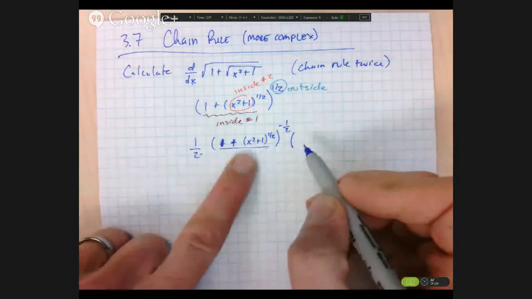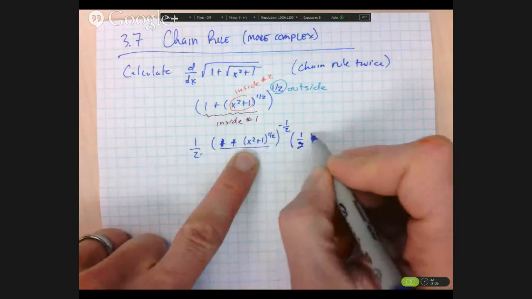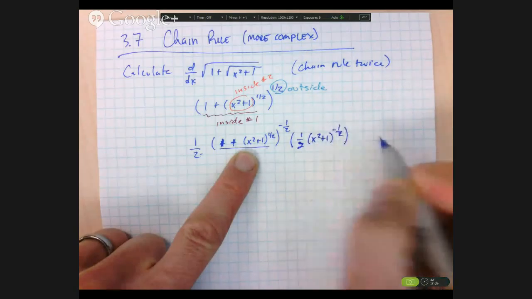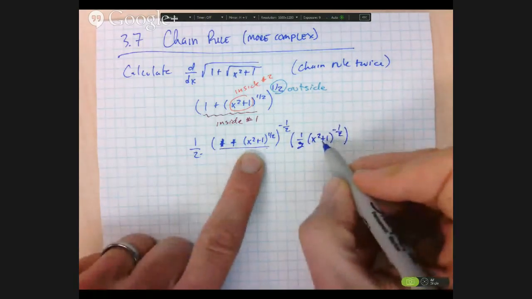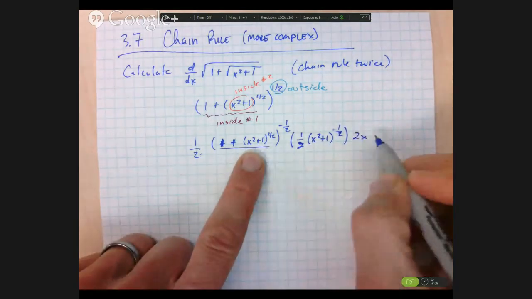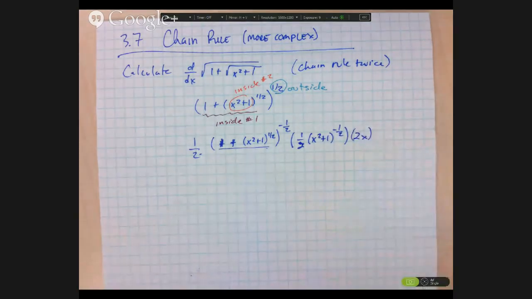So derivative of that, copy the inside of it, and then take the derivative of that final inside piece. Okay, so you just keep going.